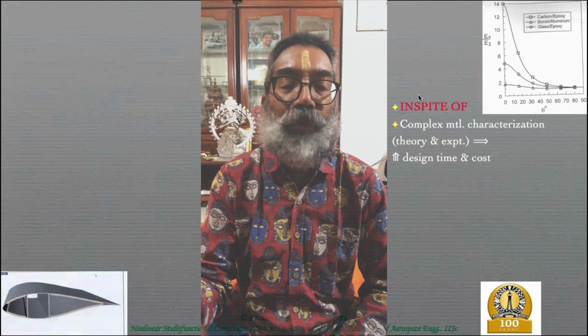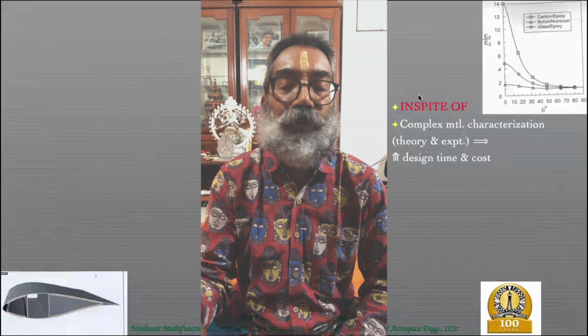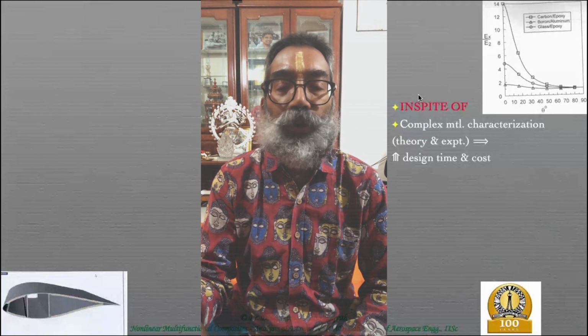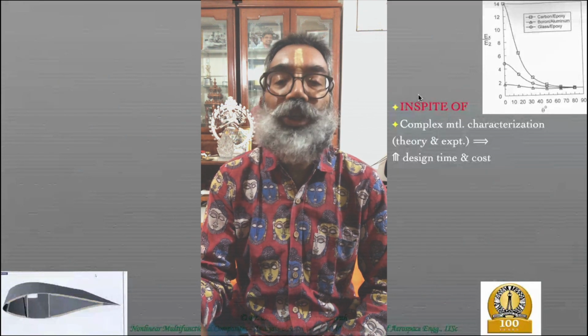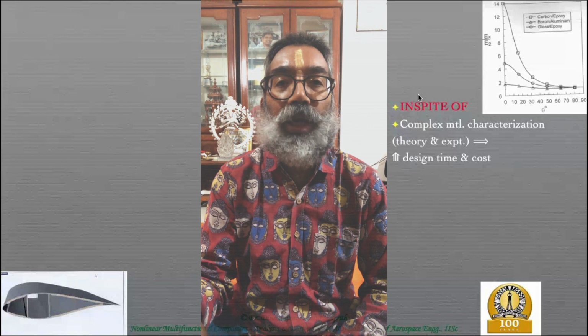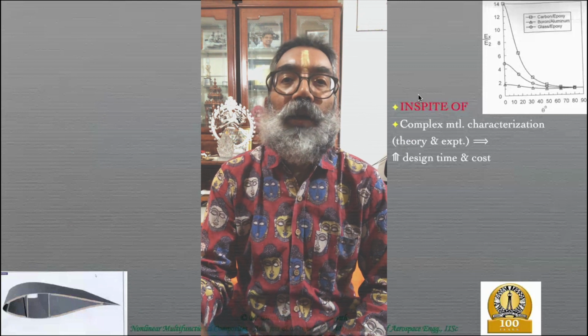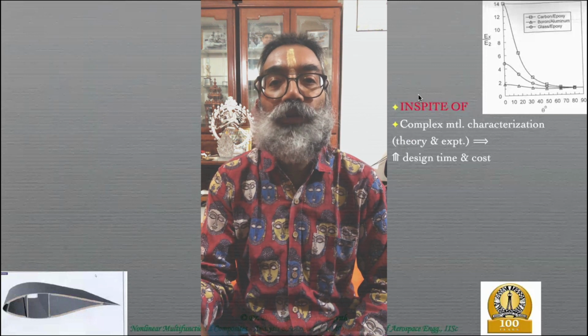In fact, we have numbers from Airbus for their design of the Airbus A350 extra wide body aircraft, where they showcase that just because they had to move from a conventional design to a composite design, the amount of extra time and extra cost that was incurred. Of course, it happens to a larger extent when you're doing it for the first time in an aircraft in a large way.